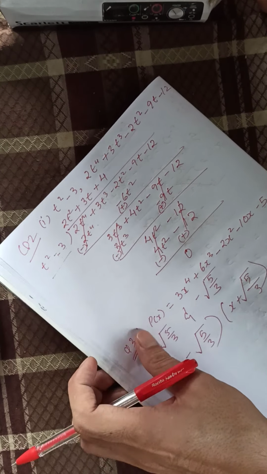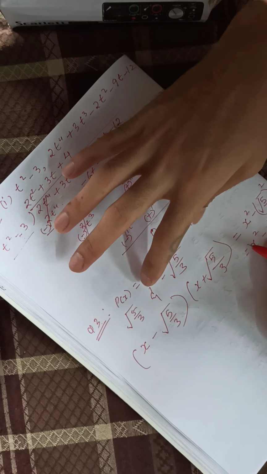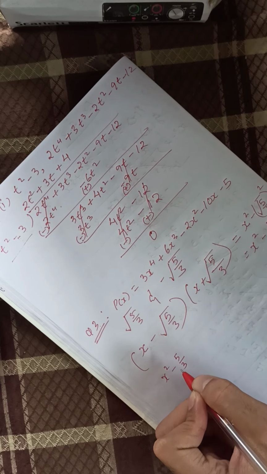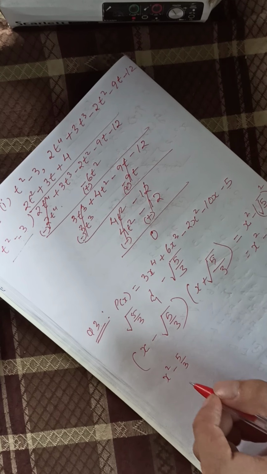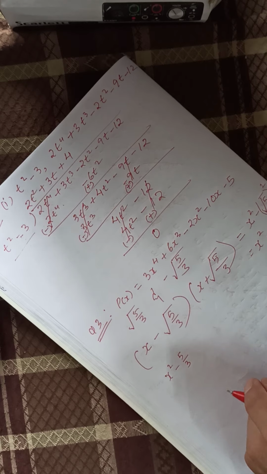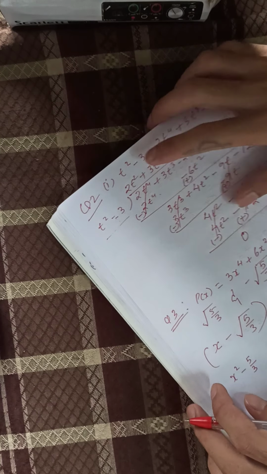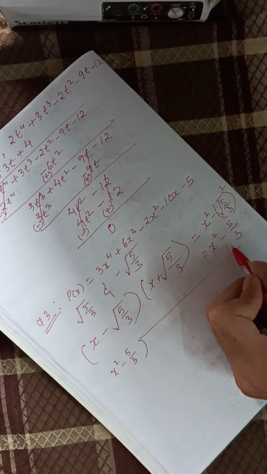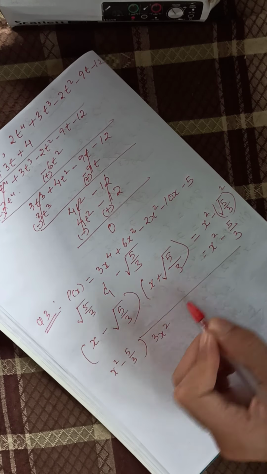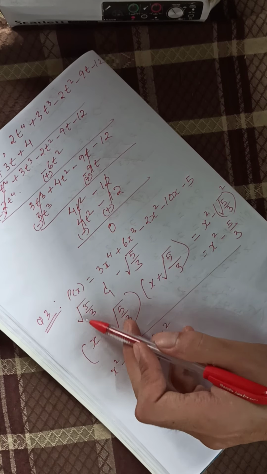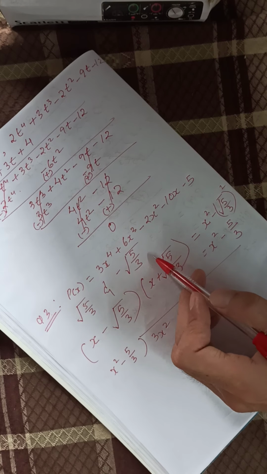First we have to find out the quotient. So first let's divide this and this, the p(x). x squared minus 5 by 3. Remember this is a factor of this, because root 5 by 3 and minus root 5 by 3 are the zeros of this.